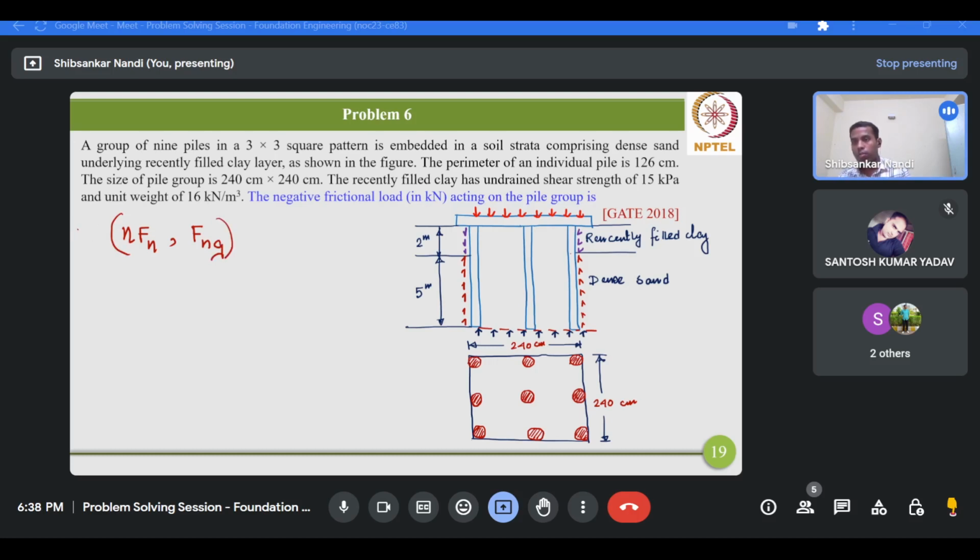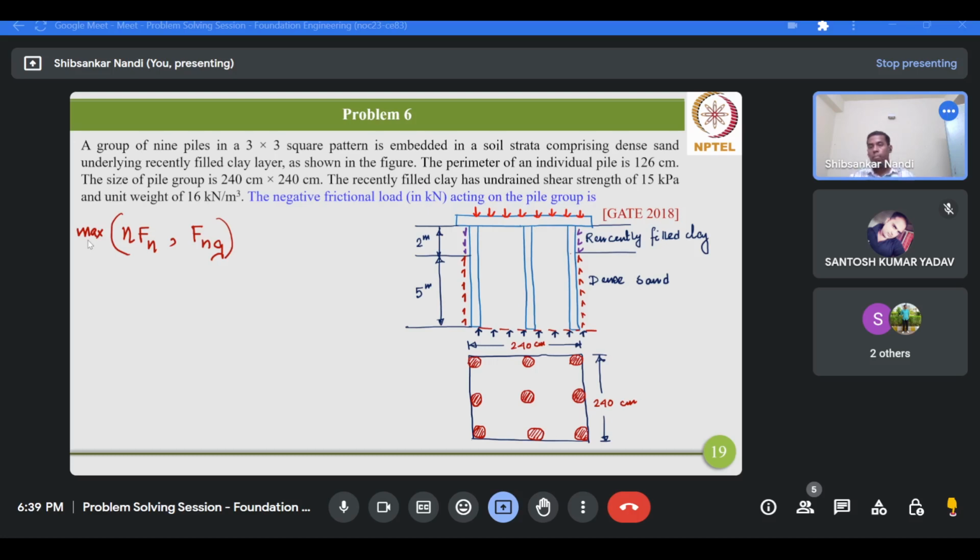This is the difference, because earlier, when we determined the resistance, to be on the conservative side we took the minimum of the individual and the block shear case. However, for negative skin friction, since this is a load, you have to consider the maximum of these two.